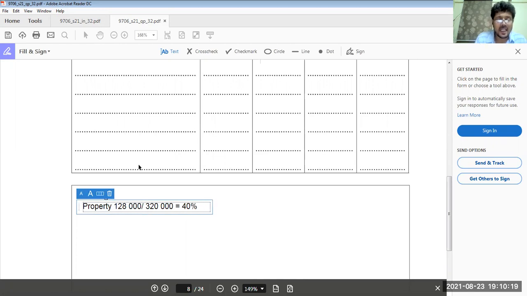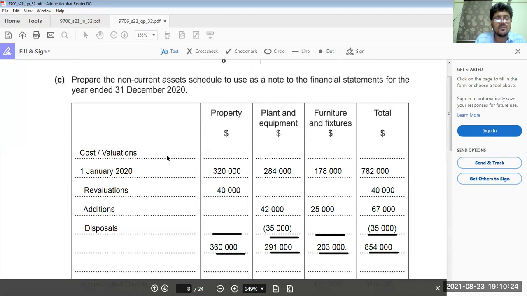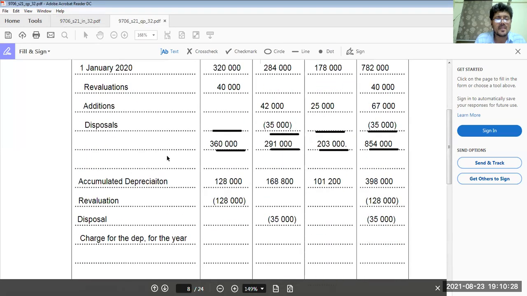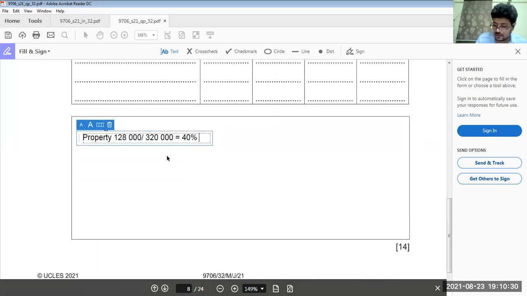Now, this time the new value of property is 3,60,000. 40% of the property is depreciated.